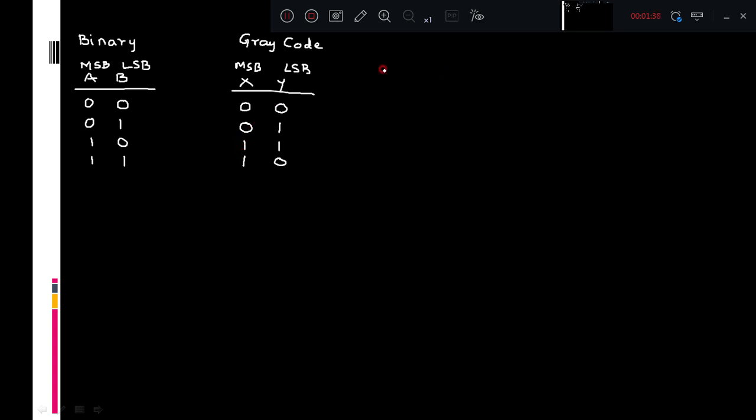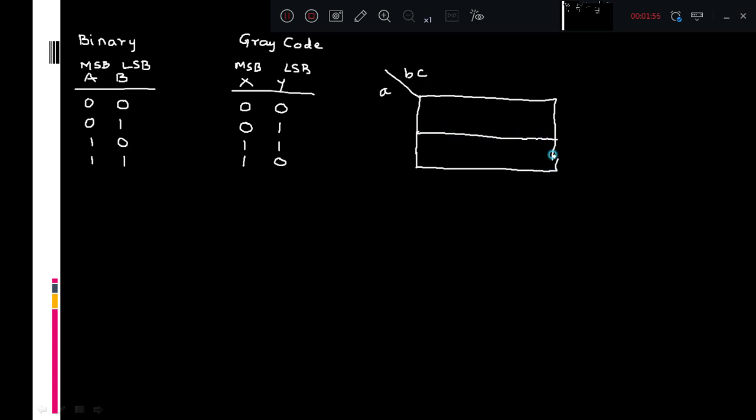If I draw a three input variable K-map A, B, C like this, for writing A, 0 and 1, the binary and gray code are the same, 0 and 1.